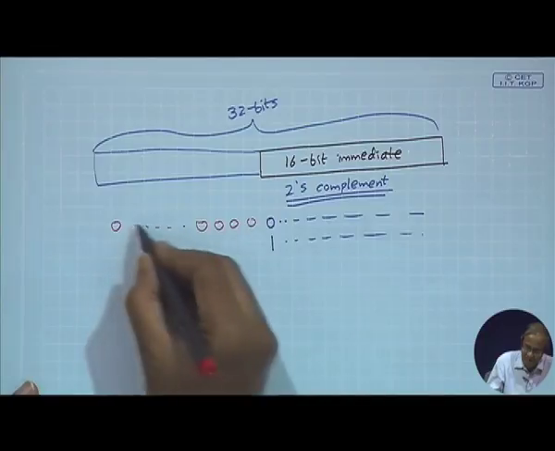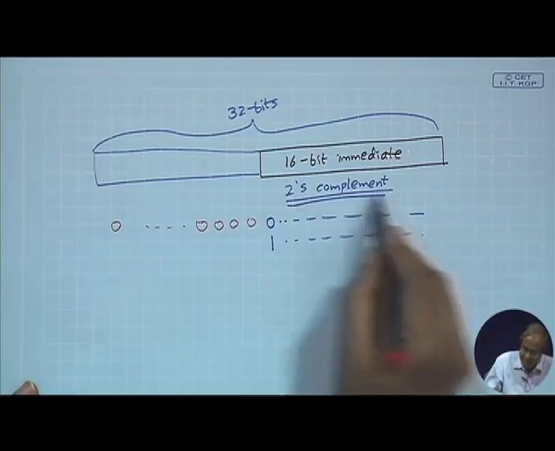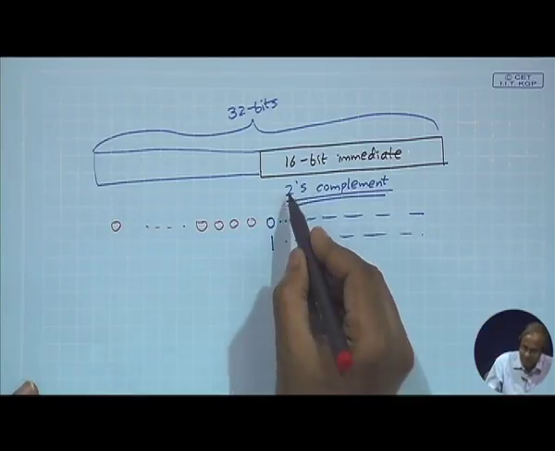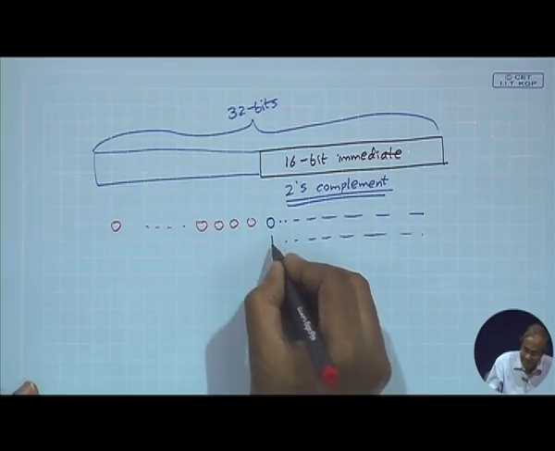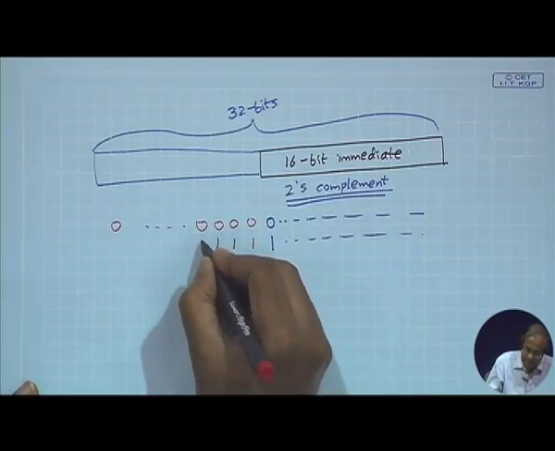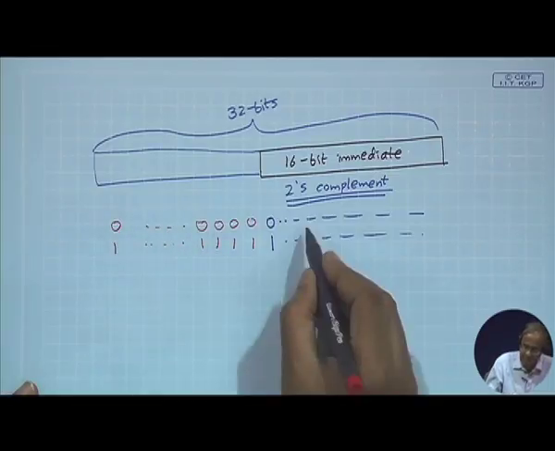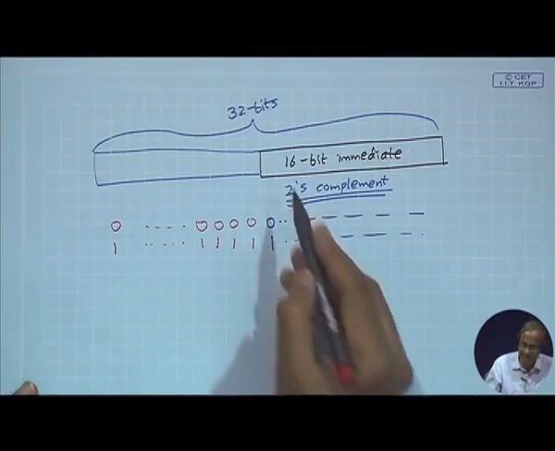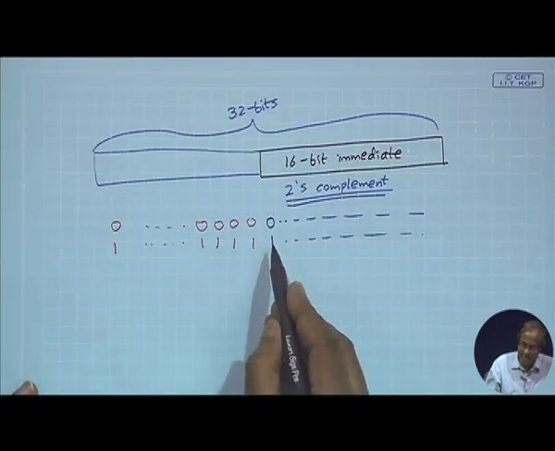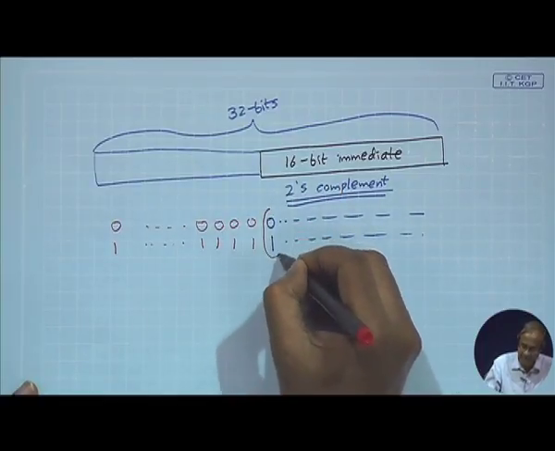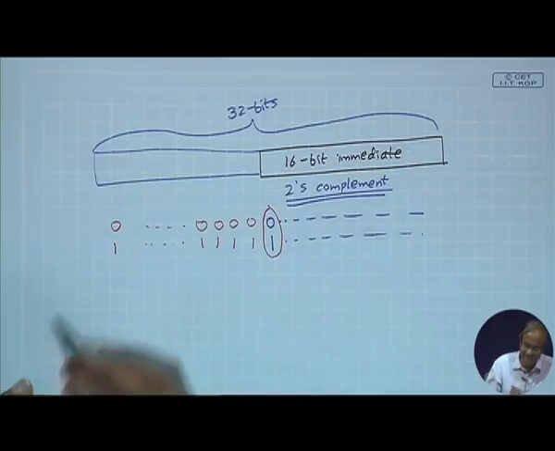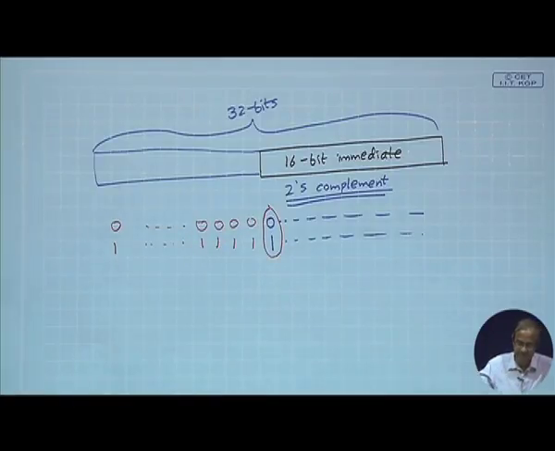That will give you the same number in 32 bits. For a negative number, similarly, if the sign is 1, you replicate 1 in the first 16 bits, and the value remains the same. So sign extension means just this, you replicate the sign bit 16 times, right.